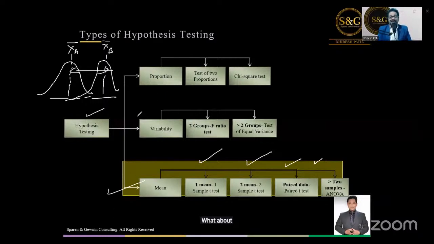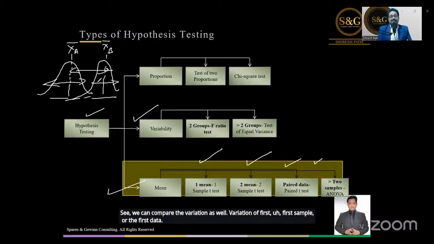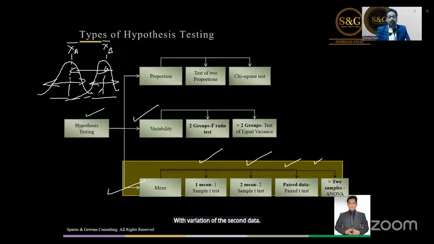The second one is called variability. We can compare the variation as well: variation of the first data with variation of the second data. Variability can be checked in either standard deviation or variance, correct?